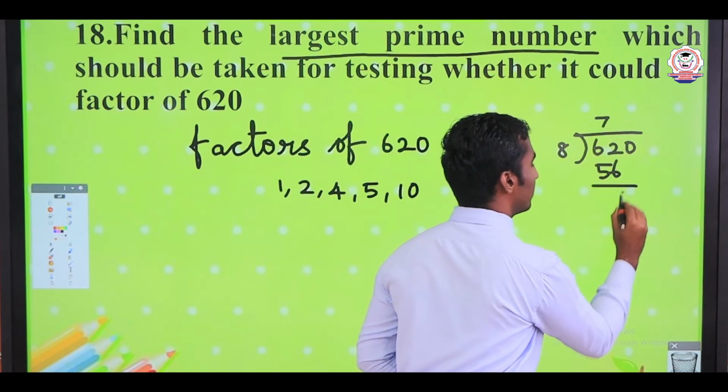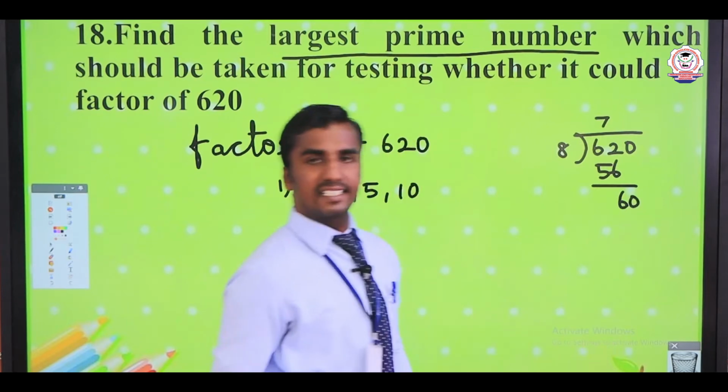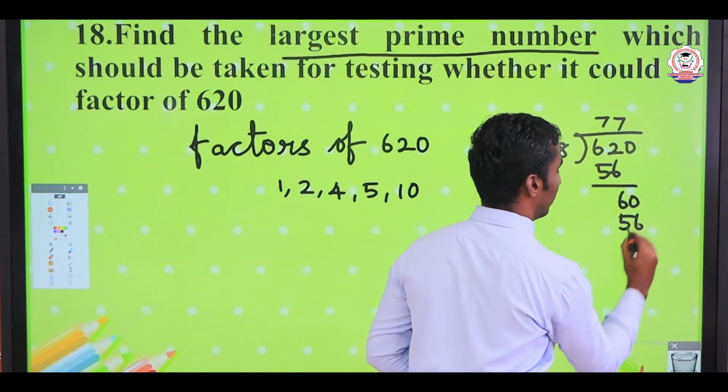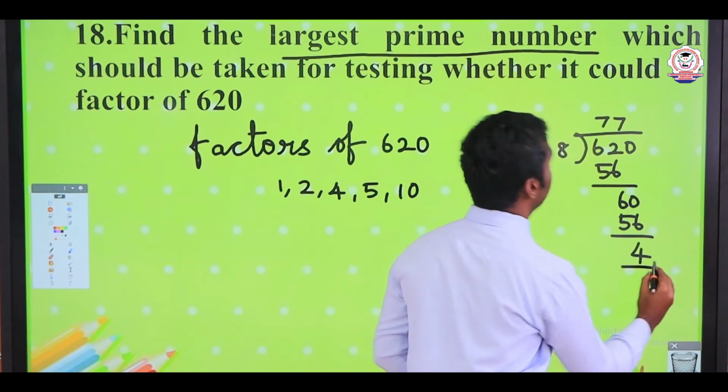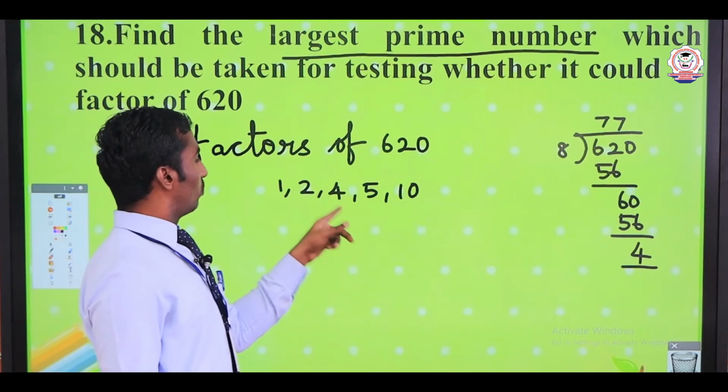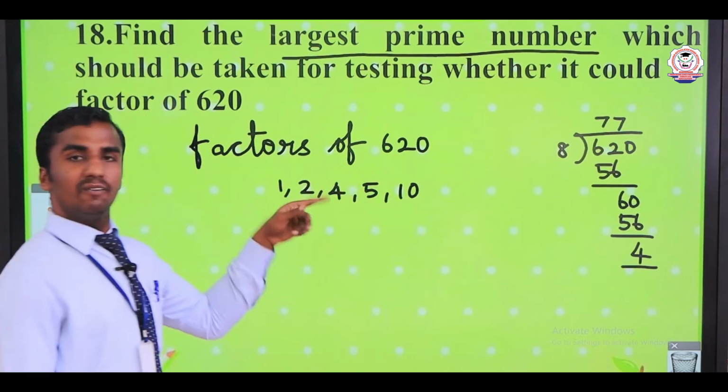Remaining 6, bring down 0, 60. 8 sevens are 56. Remainder 4. So 620 is not divisible by 8. So 1, 2, 4, 5, 10 are factors of 620.